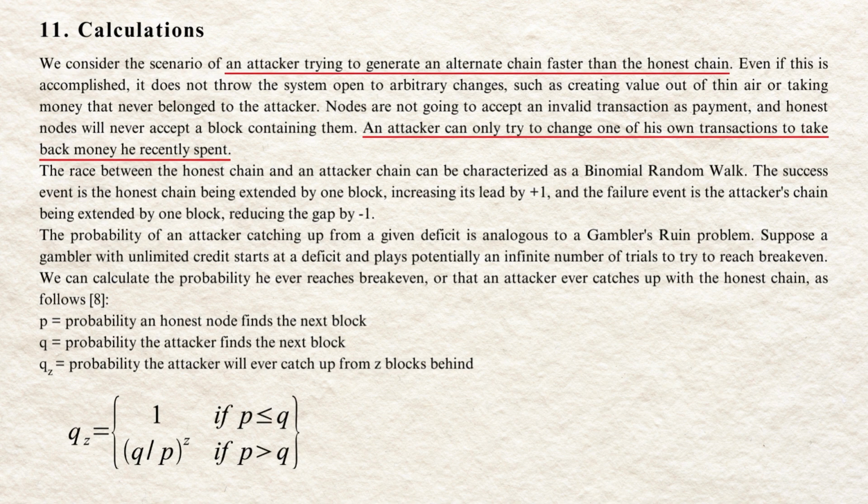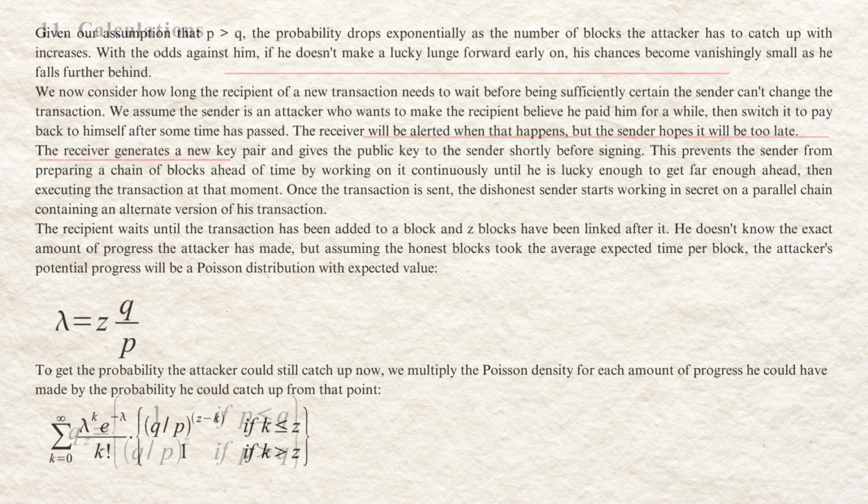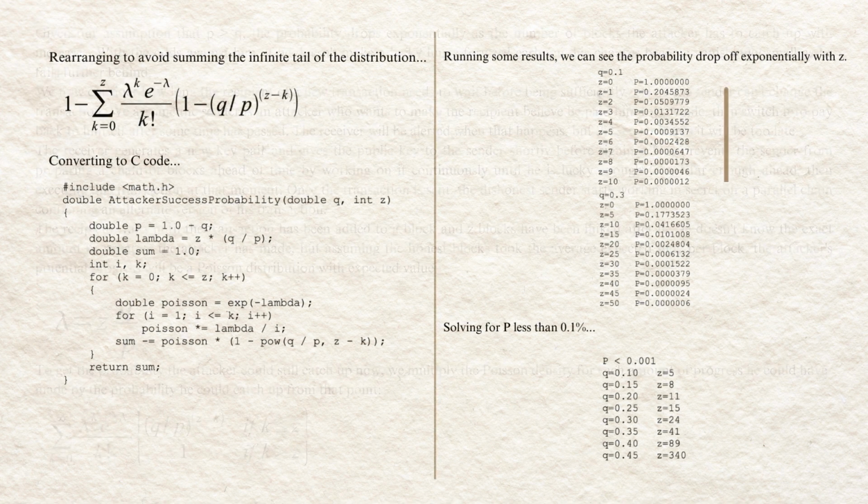The probability of such an attack succeeding is extremely low and decreases further as more time passes after the transaction. The white paper includes calculations to show how many additional blocks would need to be securely added post-transaction before a recipient can be fully confident that the transaction is irreversible.